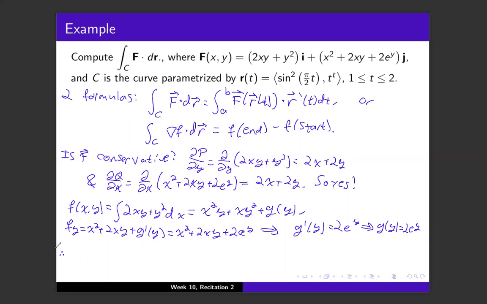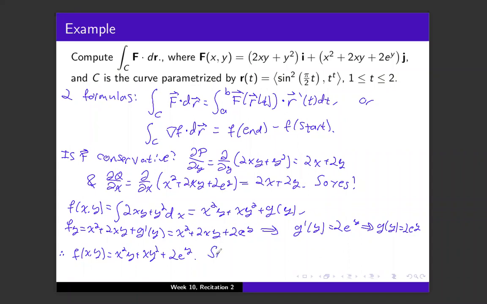So that tells us immediately that f of x, y is equal to x squared y plus xy squared plus 2e to the y. And that's a big help to us. Now, what's the start?